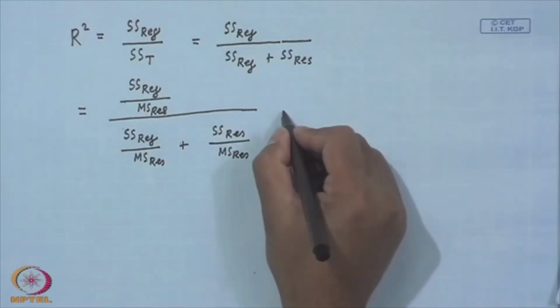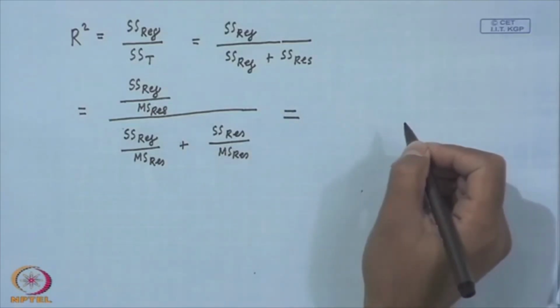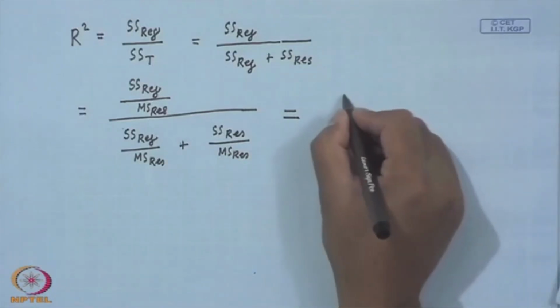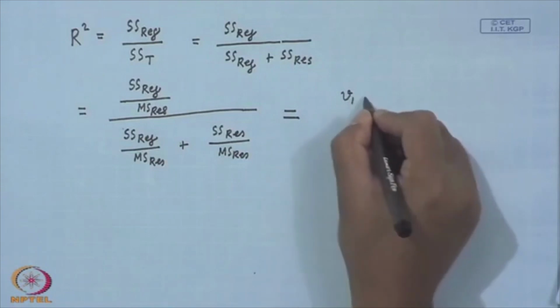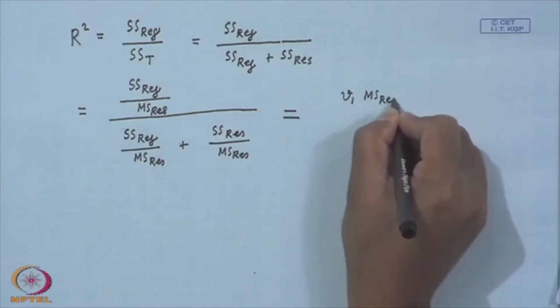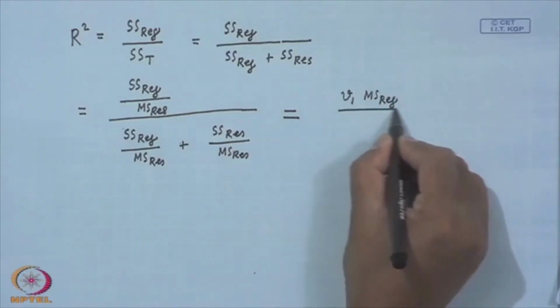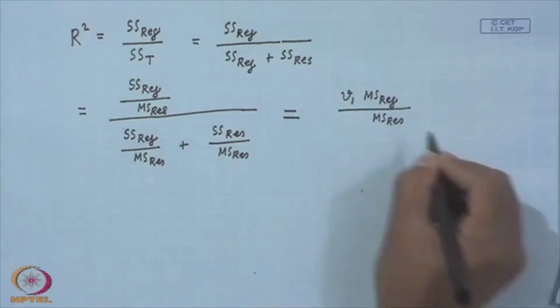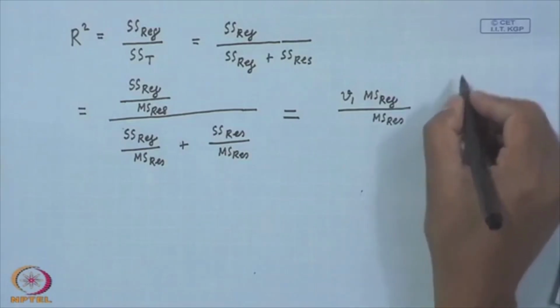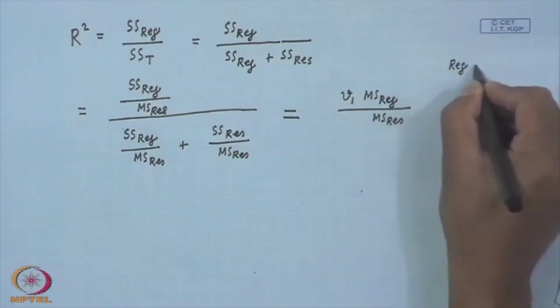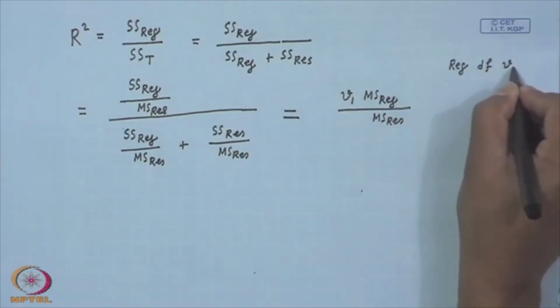Okay. So, SS regression can be written as V1 MS regression by MS residual, where V1 is the regression degree of freedom, right.